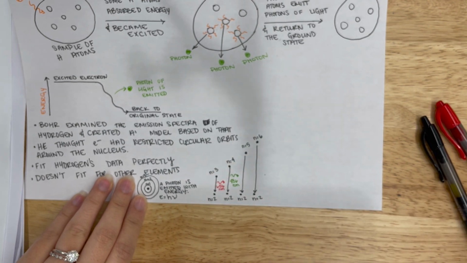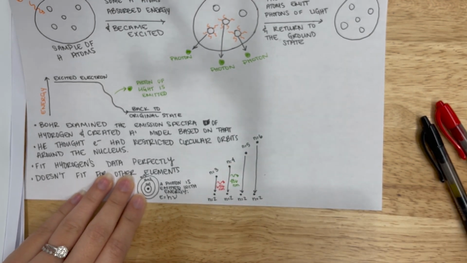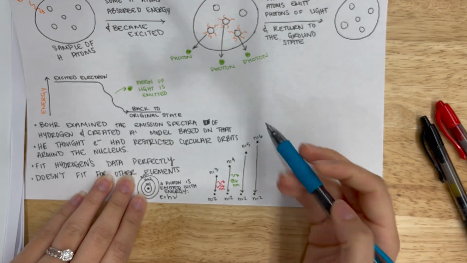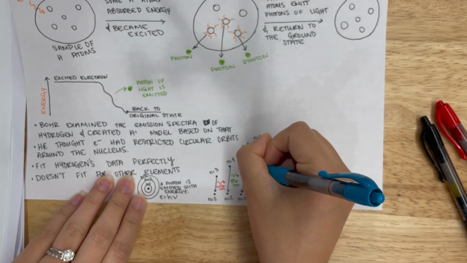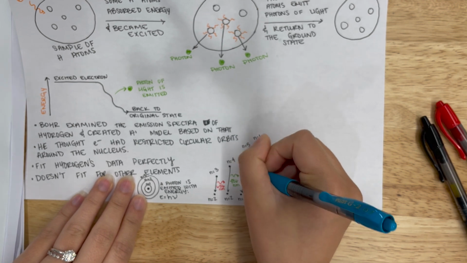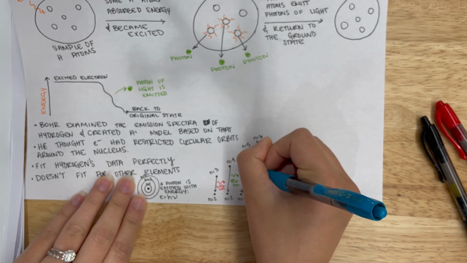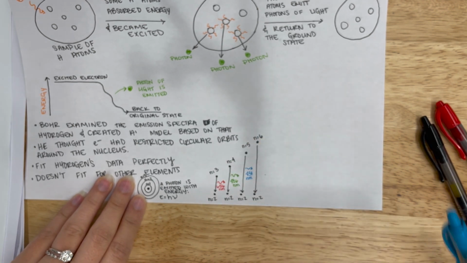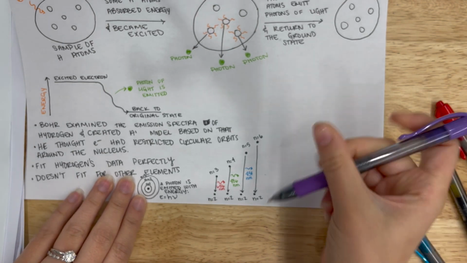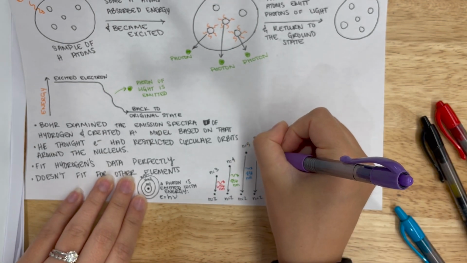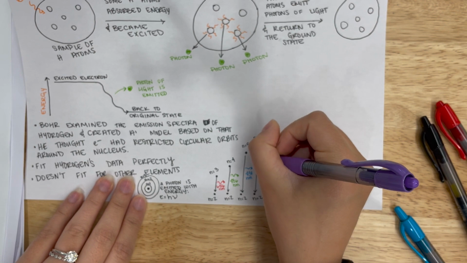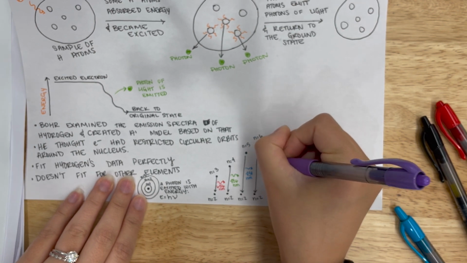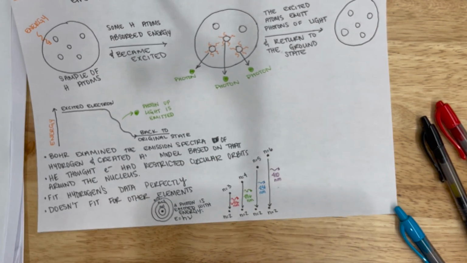So that's a green light. If we go from 5 to 2, we release with a wavelength of 434 nanometers, which is blue light. And if we go from 6 to 2, we release with a wavelength of 410 nanometers, which is purple light, right?